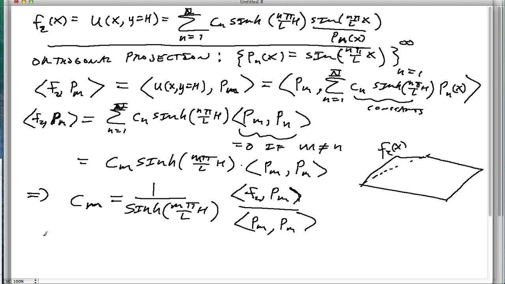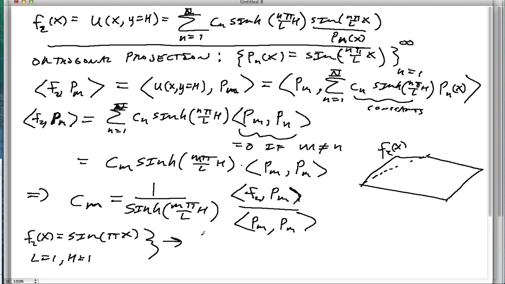So now let's go through and do a specific example. So recall that we had that specific example of f2 of x was equal to sine pi of x, and that was for L is equal to 1 and h is equal to 1.